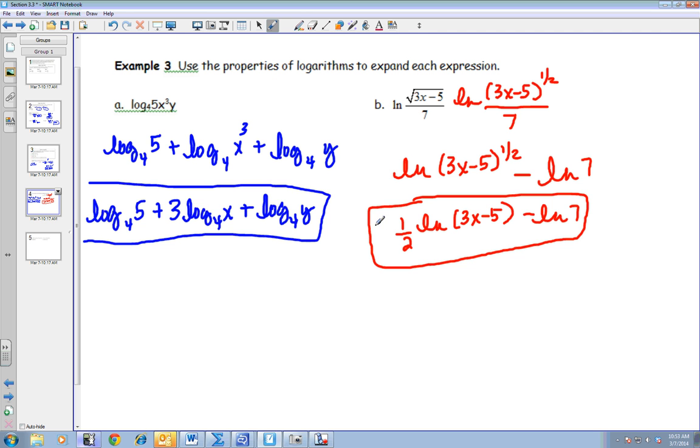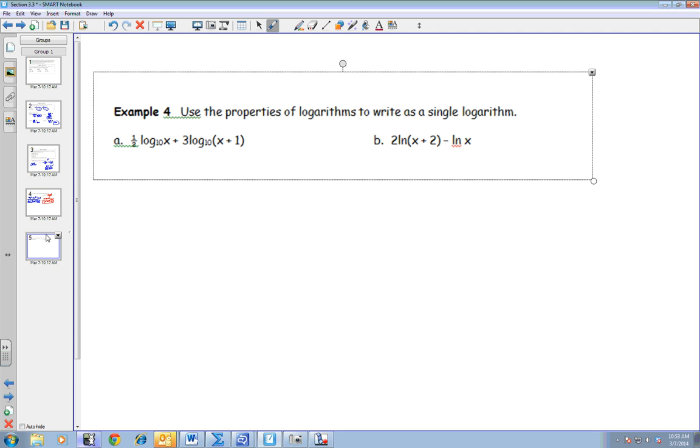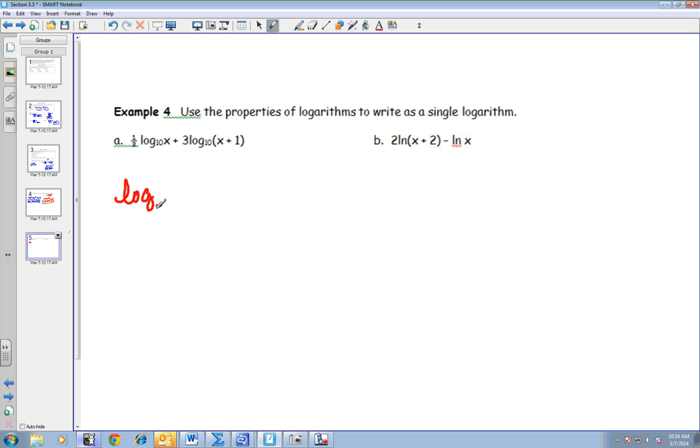Right. Now the last example, we're going the other direction. Use the properties of logarithms to write as a single logarithm, or the directions in the book might say condense each logarithmic expression. So that means when I write A, I need to write log base 10 one time. Okay, so I'm going to write log base 10 of x. Well, this is in front of a log, so that means it used to be an exponent. So that exponent has to go above my x.